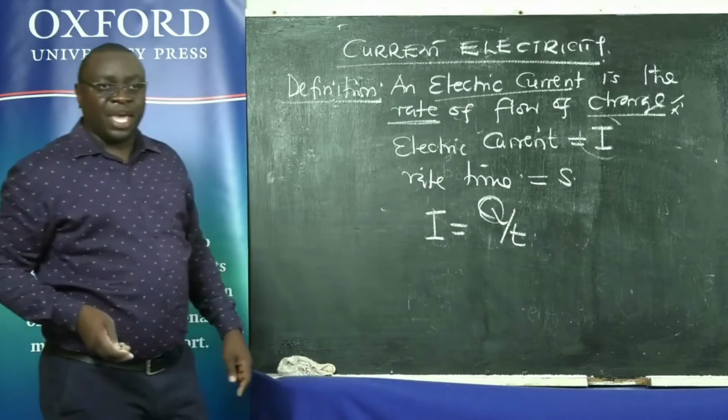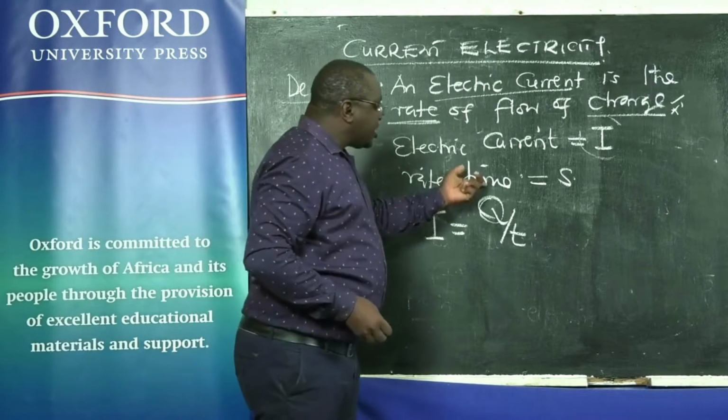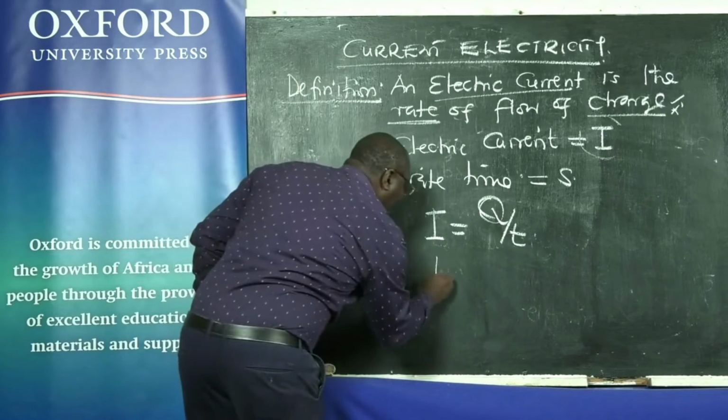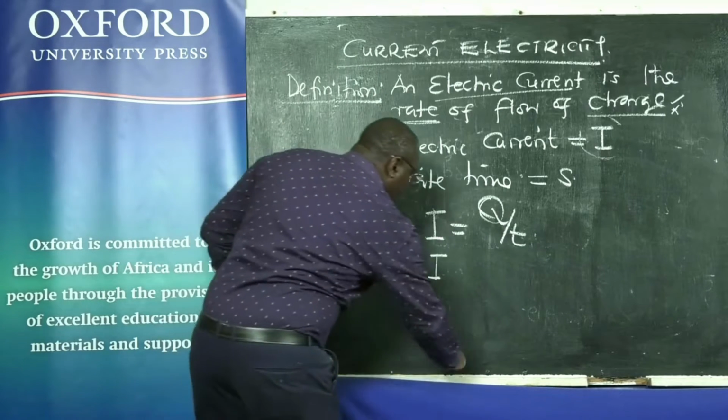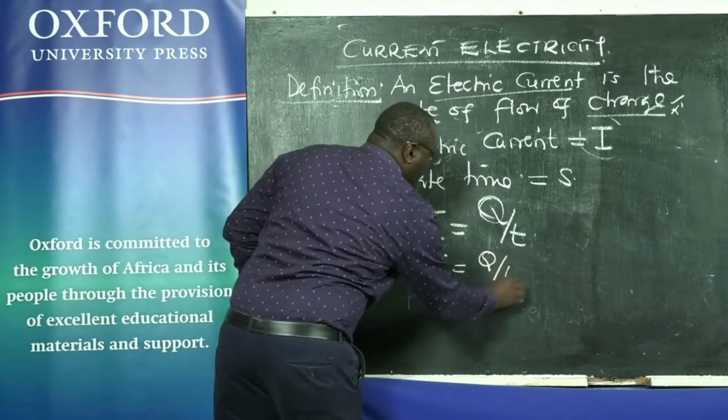Time. Are we together? So now, I, being current, is equal to charge divided by time. In this case, we are saying I, which is current, is equal to charge Q over T.